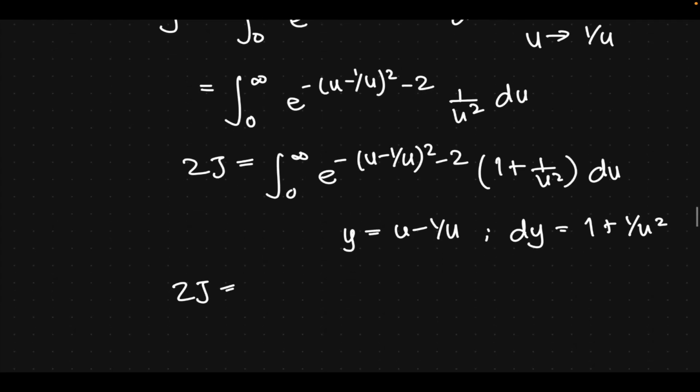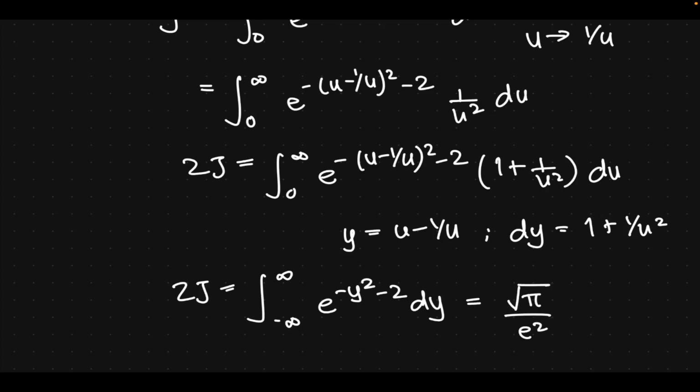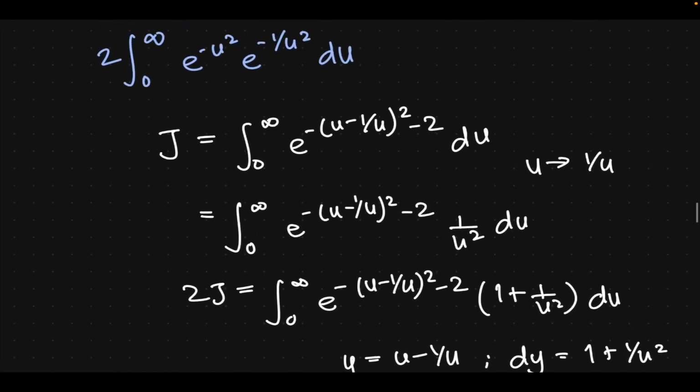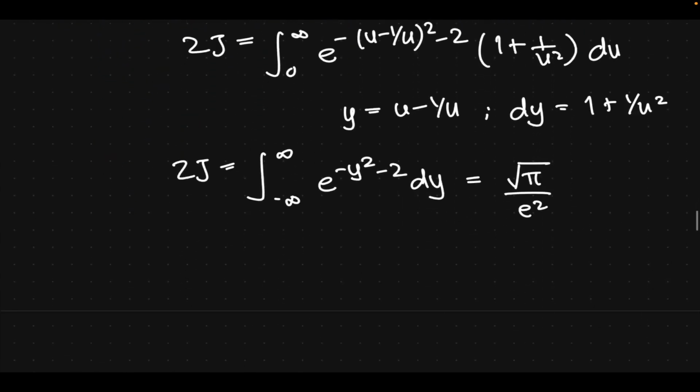So 2J is the integral from minus infinity to infinity of e to the minus y squared minus 2, dy, which is nice to evaluate: square root pi over e squared, the Gaussian integral with the e squared factor. But if you remember, 2J was just I. And there we go. We've solved our problem.